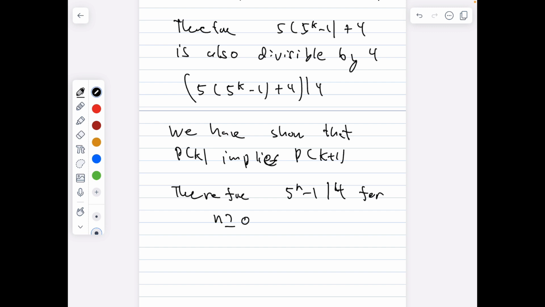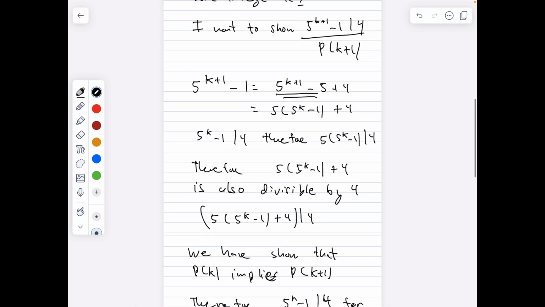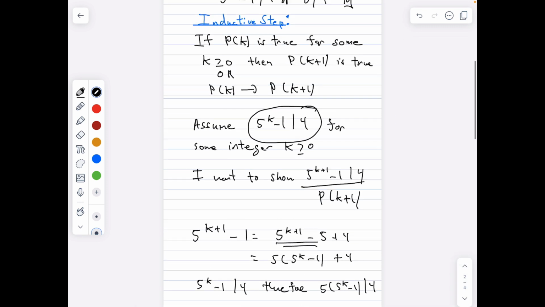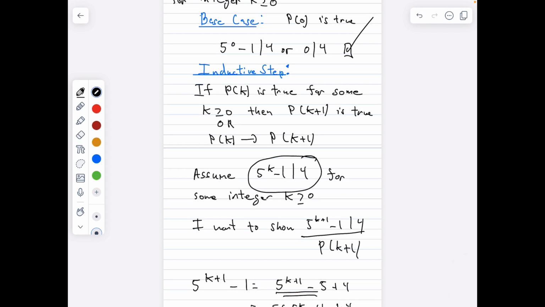So this last step, let me speak about what I just wrote. Now I'm saying that this statement holds for every number n that is greater than or equal to 0. And why am I able to say that? Because what I have shown is that the base case is true, and I showed that the inductive step is true, which implies that if any one value is true, then every one after that value is true as well.